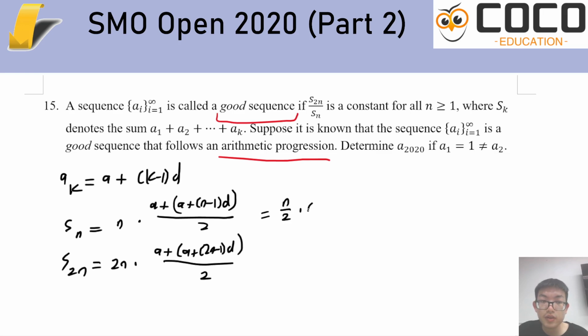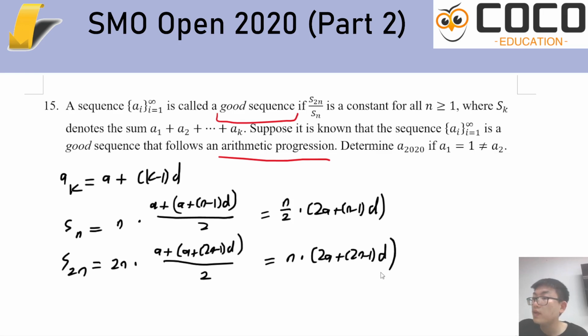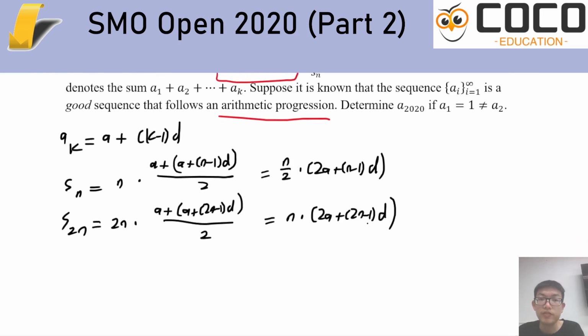So this one is n times 2a plus (2n minus 1)d. As I'm looking at this, remember that this is supposed to be the same regardless of n. So if I were to divide S2n over Sn, it's supposed to not change.